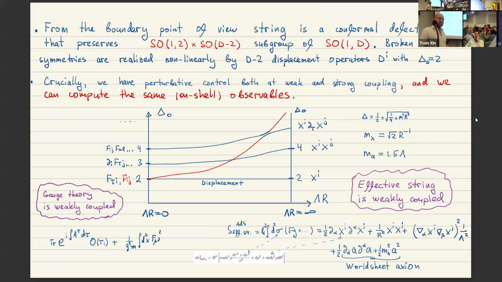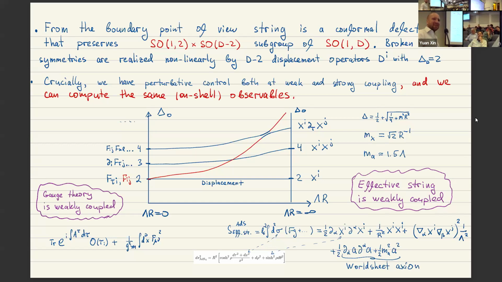Some kind of non-compact direction. Even in Euclidean AdS, there is still a non-compact direction. If you have a massive excitation, it takes an infinite time to reach the boundary.